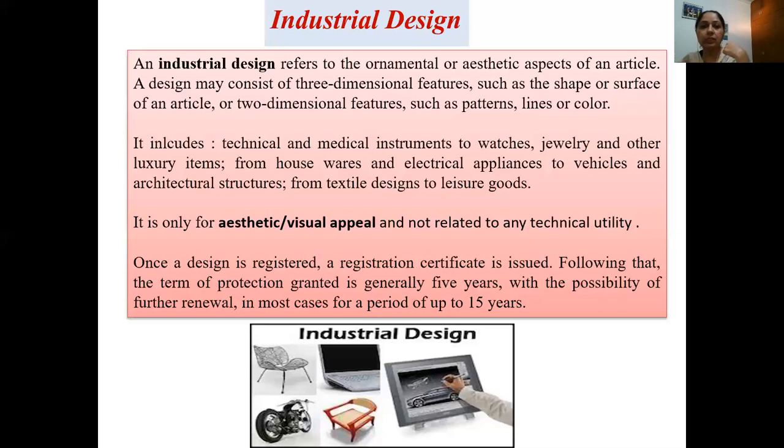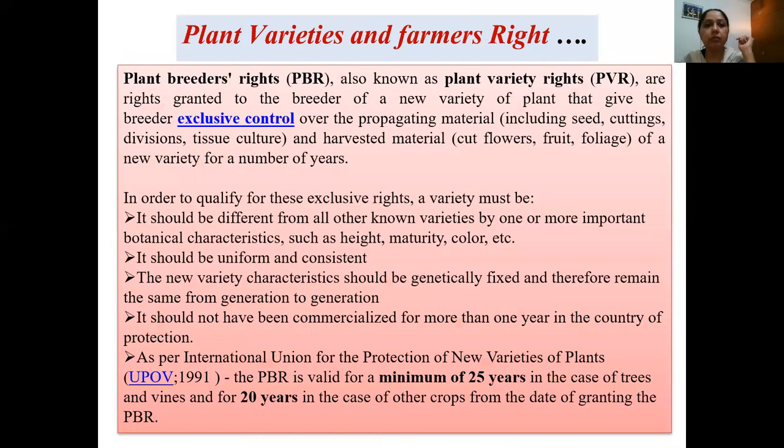Jewelry has its own design, cars have their own design, and similarly we have the architectural structures which have their own design. So all this comes under industrial design. You get to register your industrial design so that it gets protected and a certificate is issued. After you get the certificate issued, the term of protection granted is generally 5 years with the possibility of further renewal with fees up to 15 years.